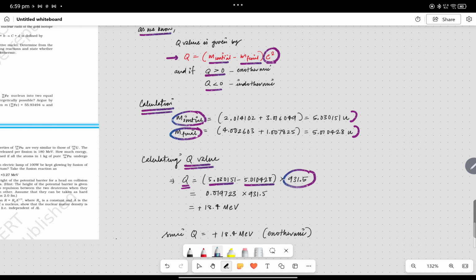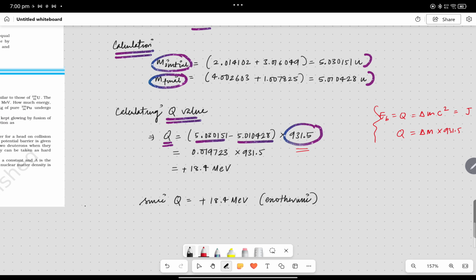This is because Q is also written as EB, that is delta M into C square, and when we do that, we get the value in joules. But if we want the value in mega electron volt, we have to take the mass in atomic mass unit and multiply with 931.5. Then we get the value in mega electron volt. So that is what I have done here, right?